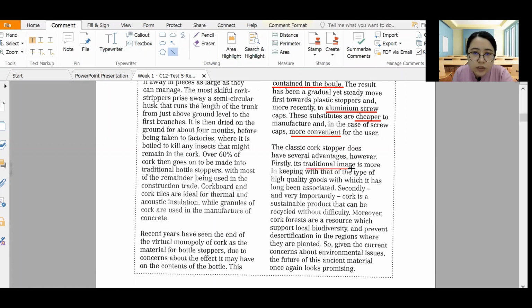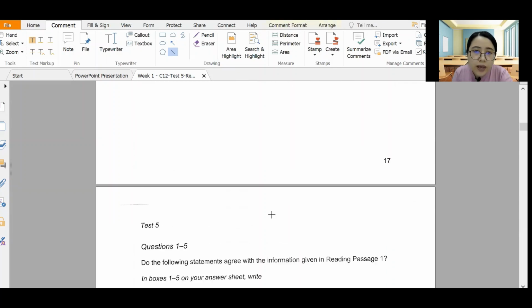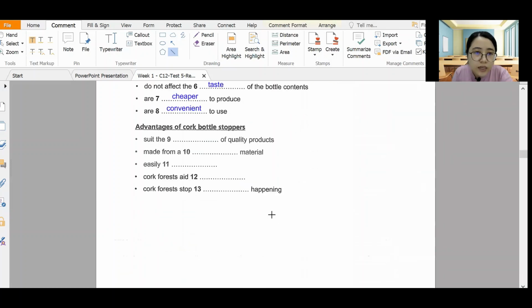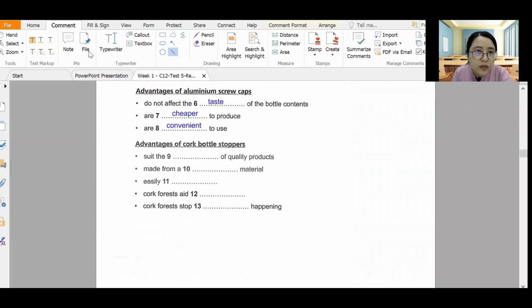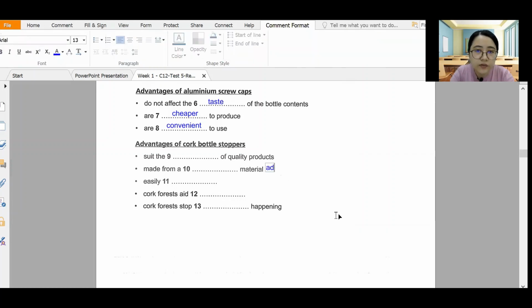Secondly, it is called a sustainable product. So how do I know these are the words? Because here I find the space needs an adjective, and 9 needs a noun. So I will doubt any words that have the same parts of speech easily.